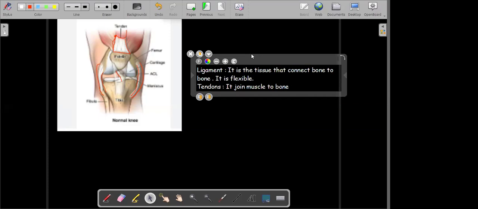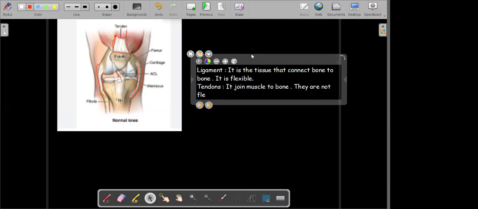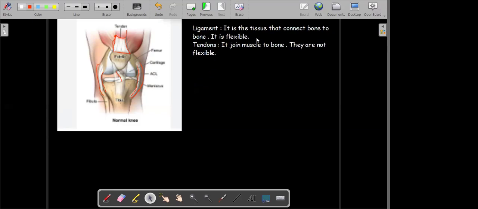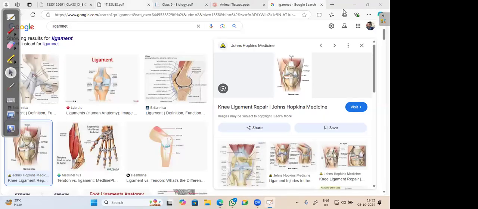So tendons join muscle to bone and they are not flexible. All right. Understood everyone, ligament and tendon? Yes, sir. Okay.